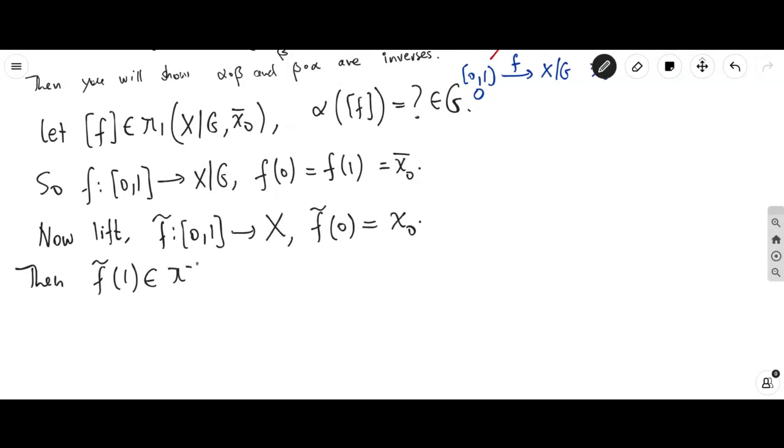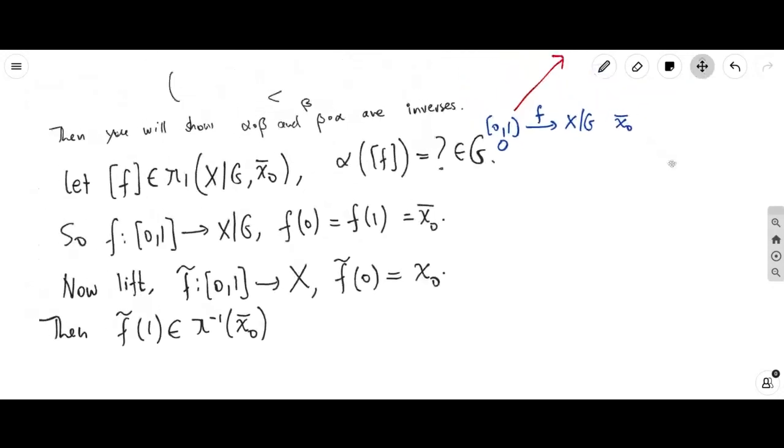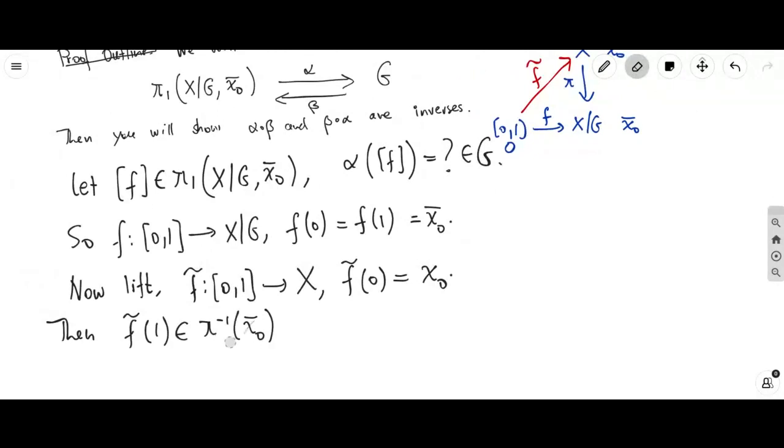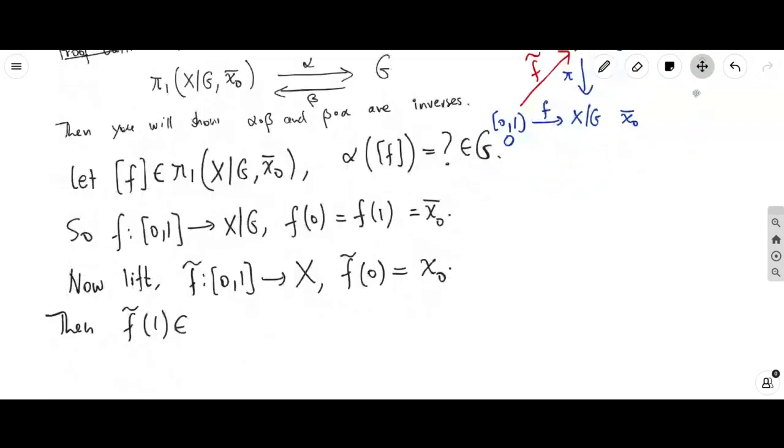So that's going to be in the fiber of x0 bar, which is just another way of saying x0 bar.